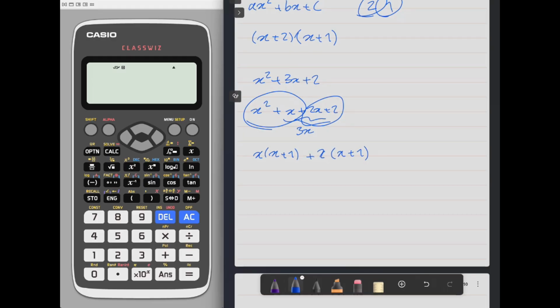And you can factorize the x plus 1 now, because x plus 1 is just common there. So you're gonna write x plus 1 times x plus 2. This is the same as this one.